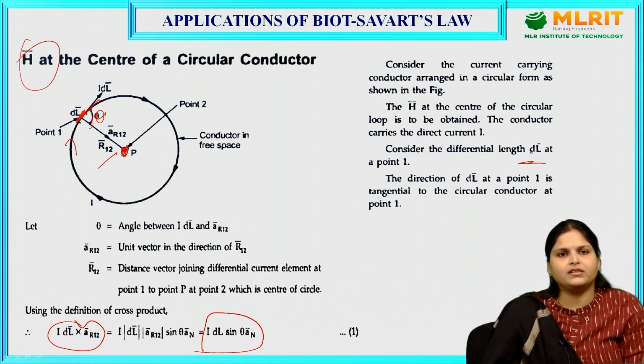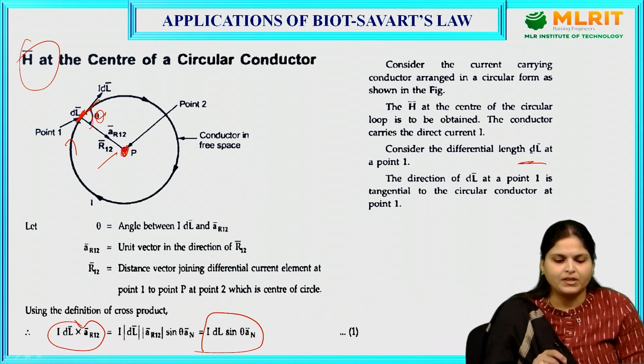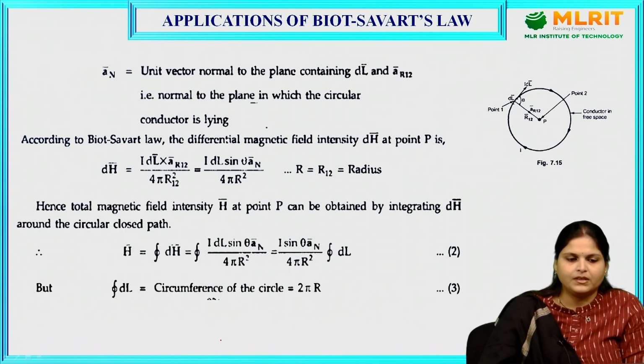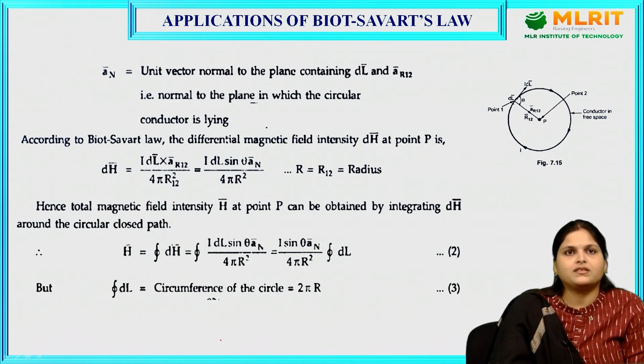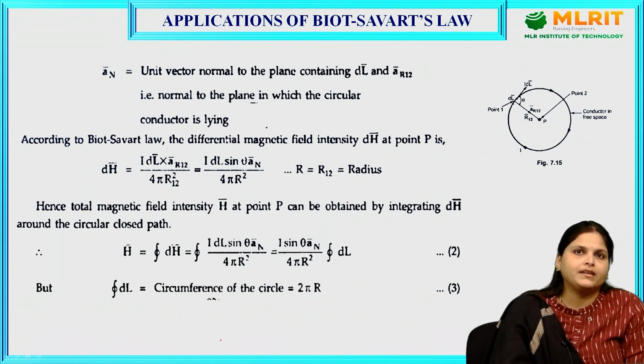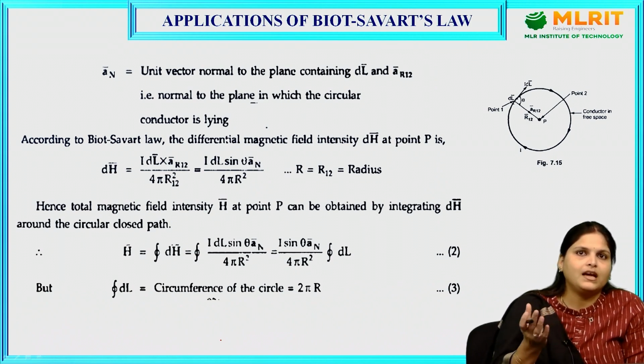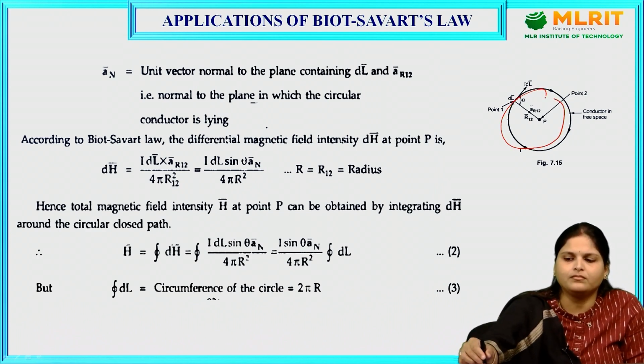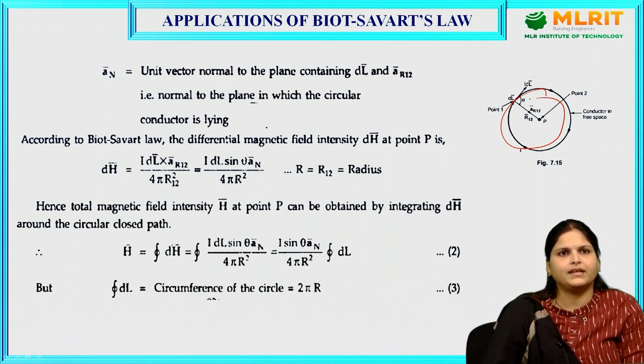This is the expression which we are getting, I dl sin theta an. What is an here? This is the unit vector which is normal to the plane which contains dl and AR12, or we can say it is normal to the plane in which this circular ring is there.